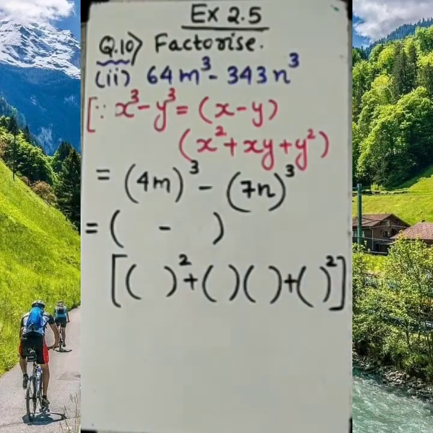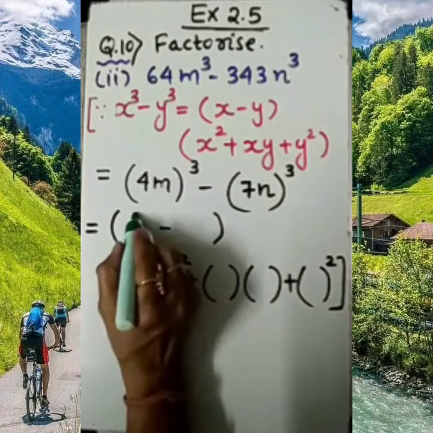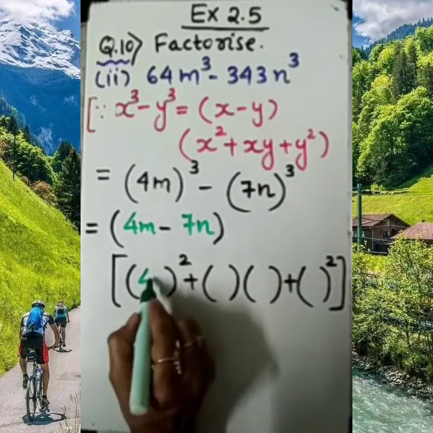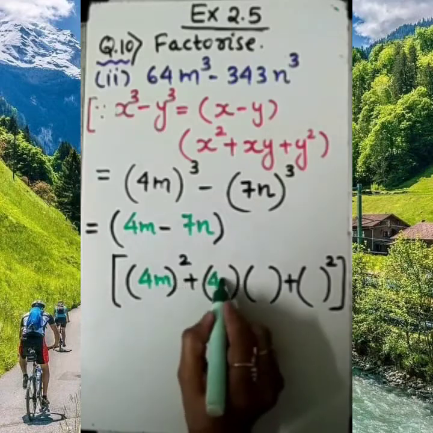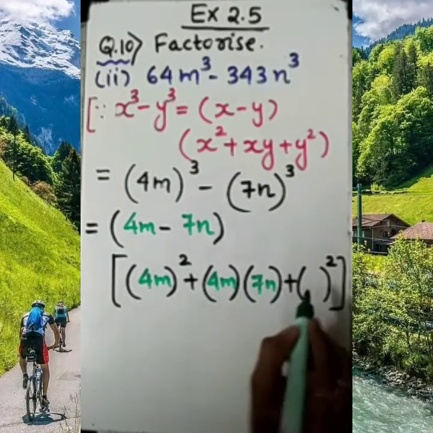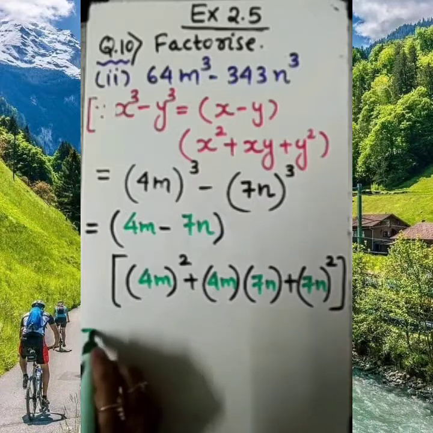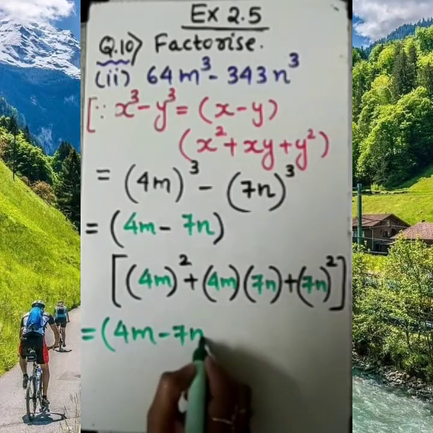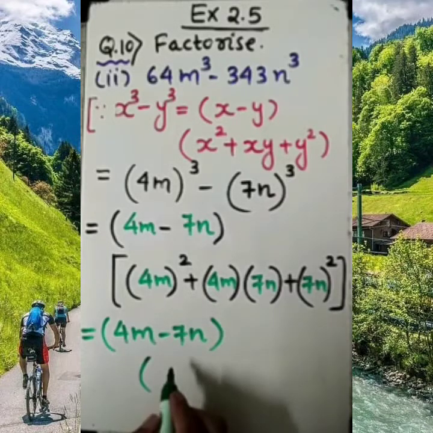Clear to you? What is x here? x means the first term, and the first term means 4m. So I need to write 4m. This is 7n. So the first term 4m minus 7n in one bracket.